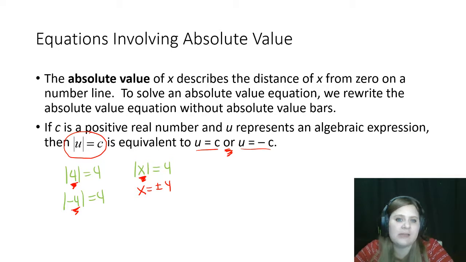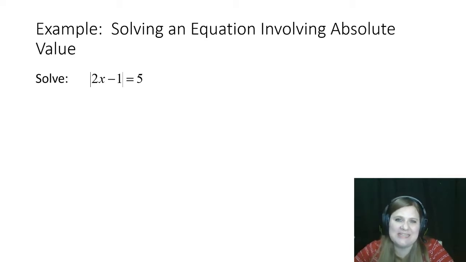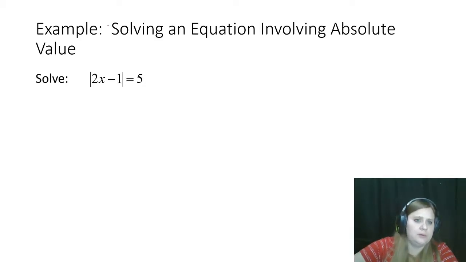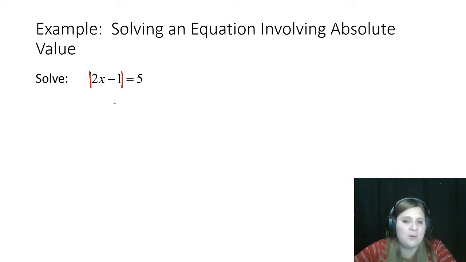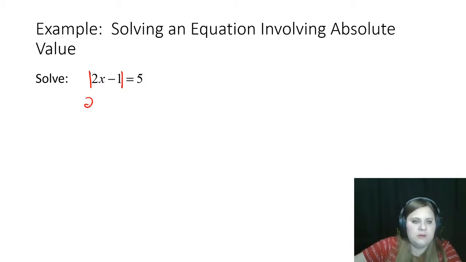So let's take a look at what that means in this context. First of all, is the absolute value by itself? Well, here's my absolute value. On the left side of the equation, there is nothing else on that side of the equation. Therefore, I can go straight into saying 2x minus 1 equals 5, or 2x minus 1 equals negative 5.